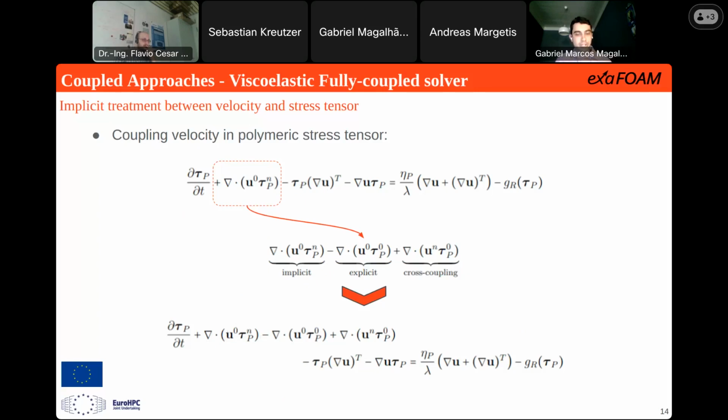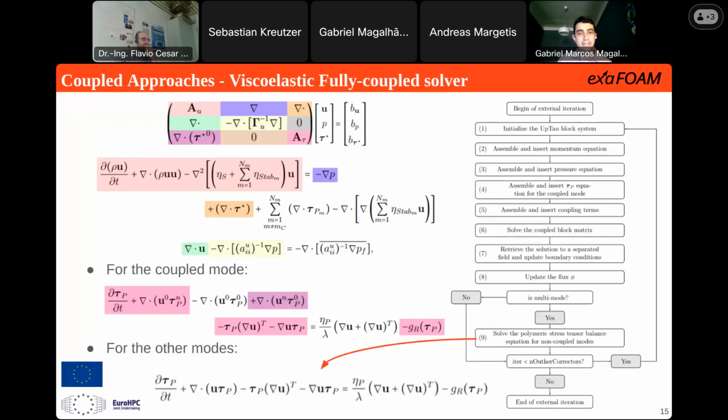So with this treatment, we have the proposal for our viscoelastic fully coupled solver. Here again, we have on the right the flow chart for the solver and the mathematical formulation on the left. It's possible to observe that we have a new line, a new row, and a new column for the block system. And here again, we will insert the terms of the equation in the corresponding colors in the matrix, and the white terms in the RHS.